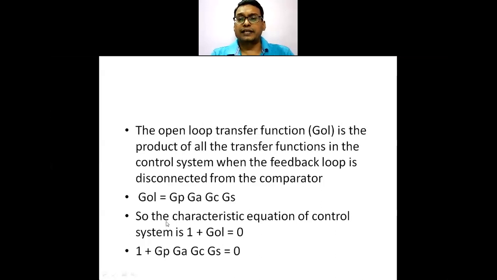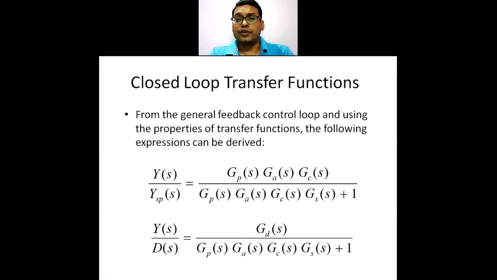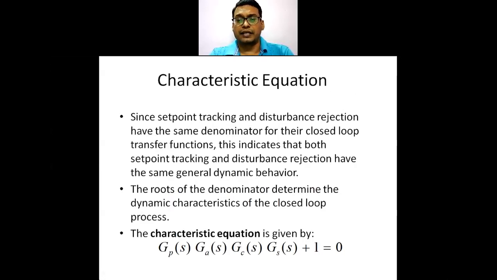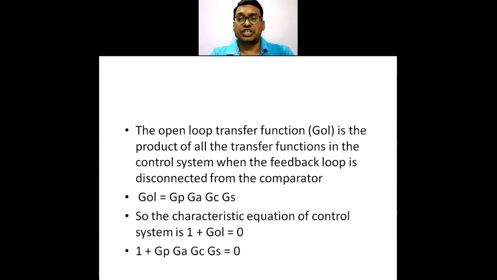So the characteristic equation of a control system becomes 1 plus open loop transfer function. That is what the denominator is, the denominator of the servo mechanism problem or the regulator mechanism problem. This is called the characteristic equation of a control system.